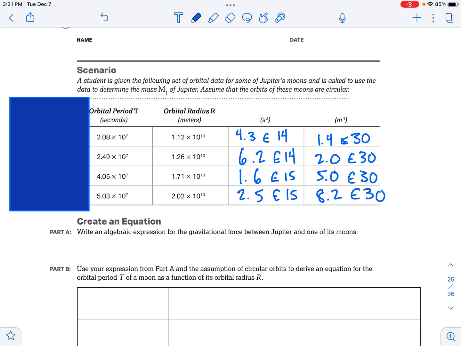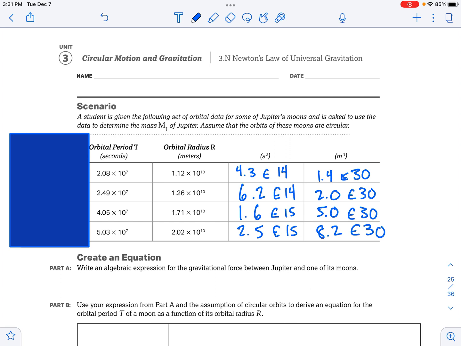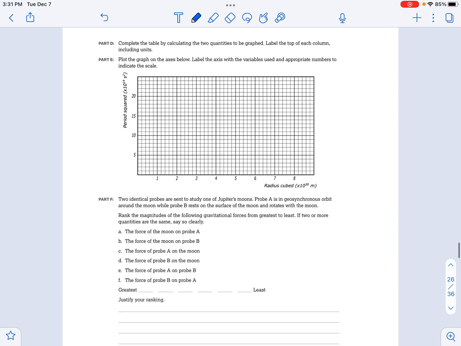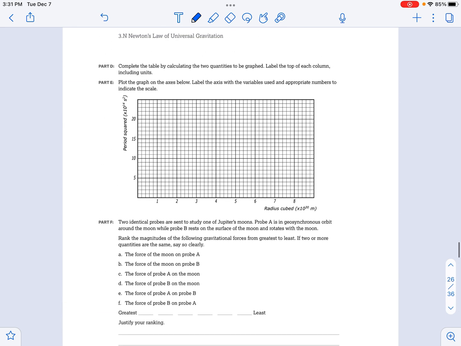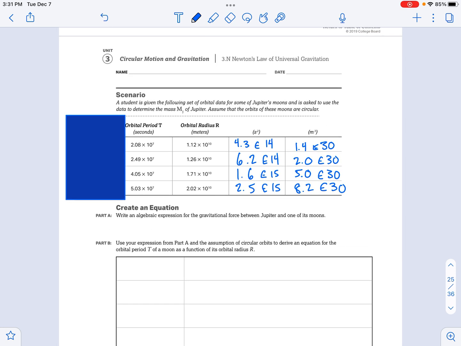All right, everybody. So I wanted to talk us through the Newton's third law and universal gravitation linearization problem. Now, linearization problems always have the same general format. You're always going to start with a set of data that they give you.